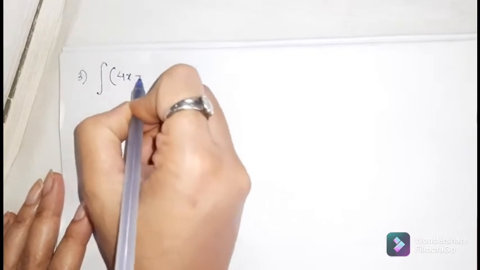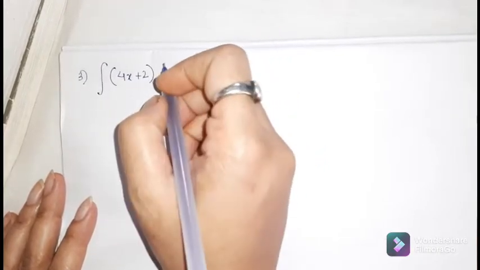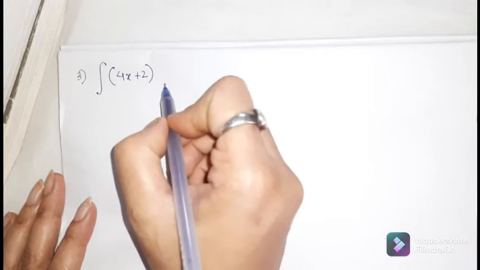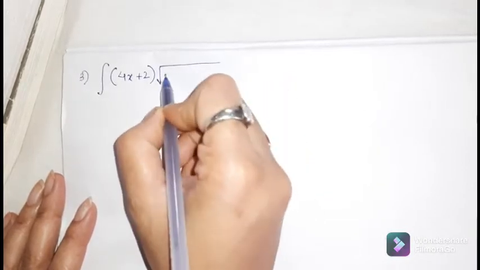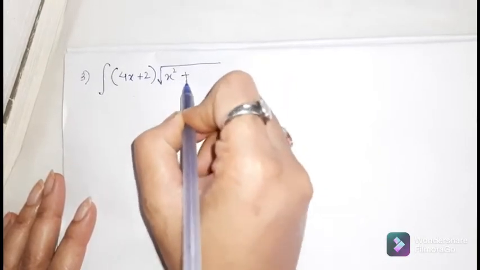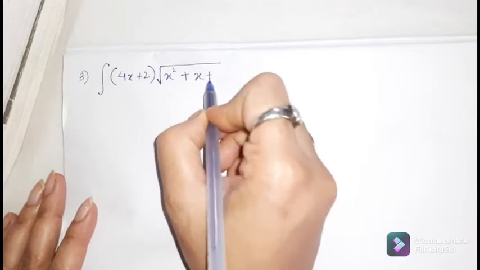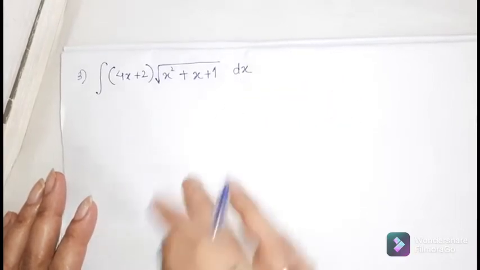Okay, now the next question we have is the integration of 4x plus 2 over square root of x square plus x plus 1 dx.